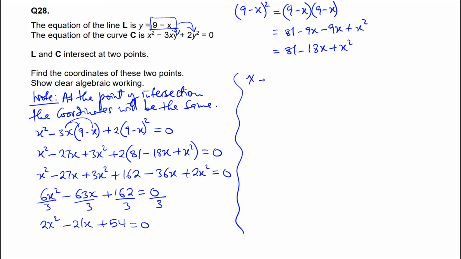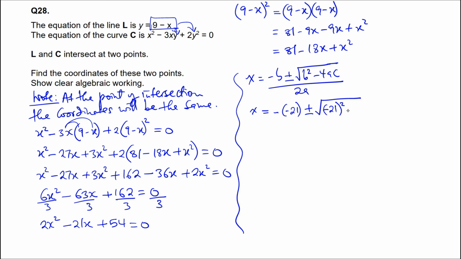So x is equal to negative b plus minus square root of b squared minus 4ac over 2a. If you plug that in, we shall end up with x equal to negative negative 21 plus minus square root of negative 21 squared minus 4 times a, which is 2, and c, which is 54, over 2 multiplied by a, which is 2.